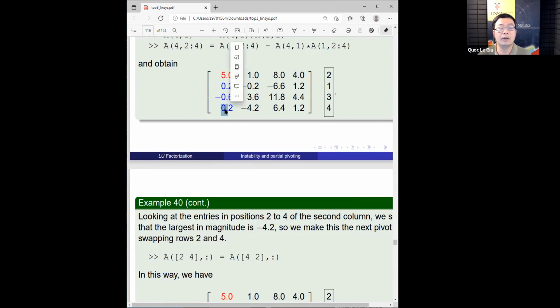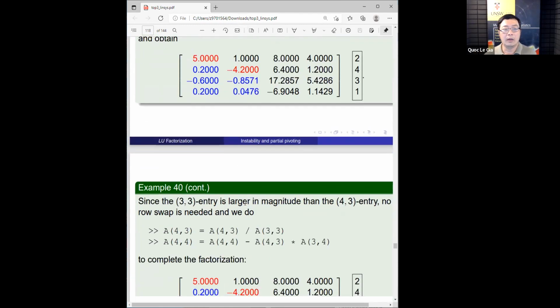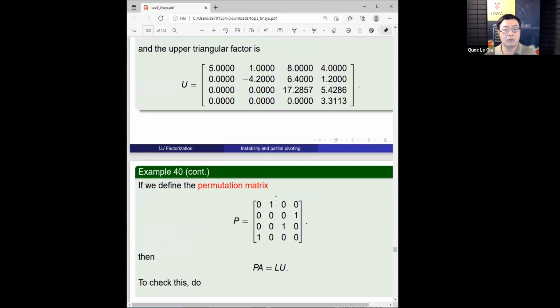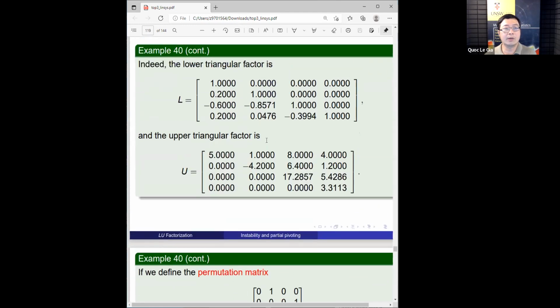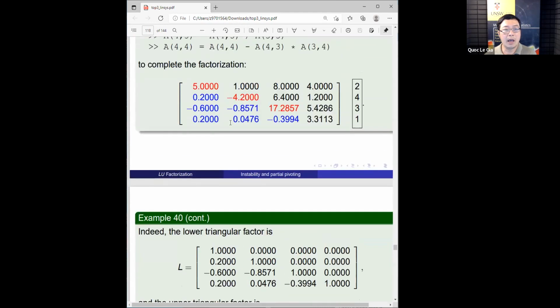The green ones are actually just the coefficients of the matrix L. After you get to the final step, the matrix L is just the blue part, and you make the diagonal 1 and the upper part equal 0.